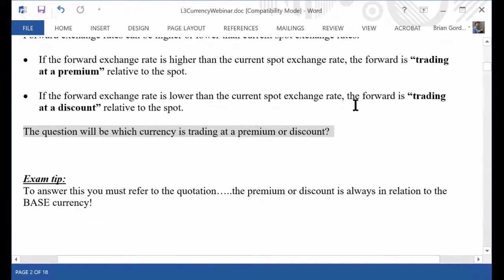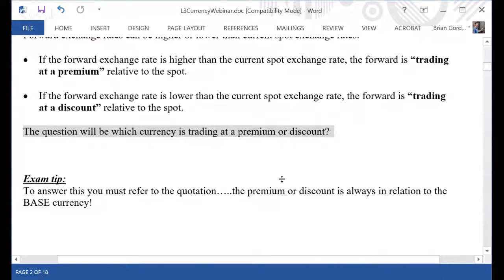As we move forward, they may start talking about forwards and spots in terms of the points. So, back to some level 1, level 2 material, how do we handle these questions? We know that the forward has to be equal to the spot plus or minus the points.